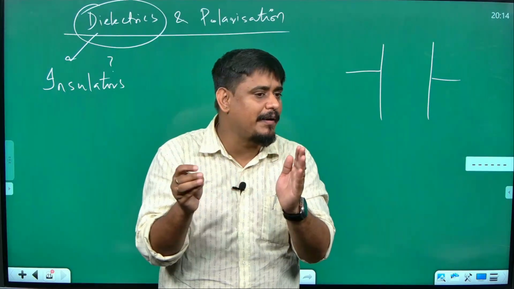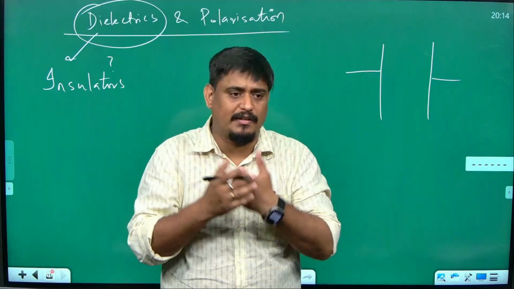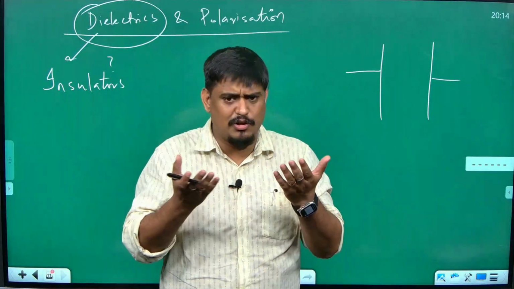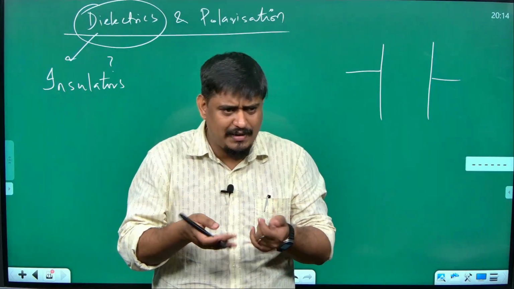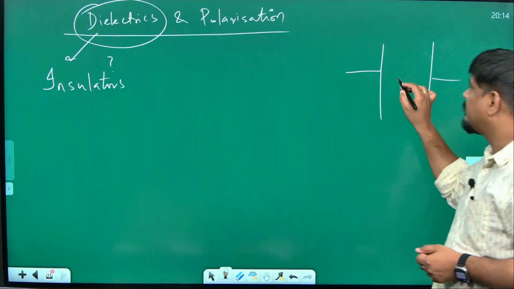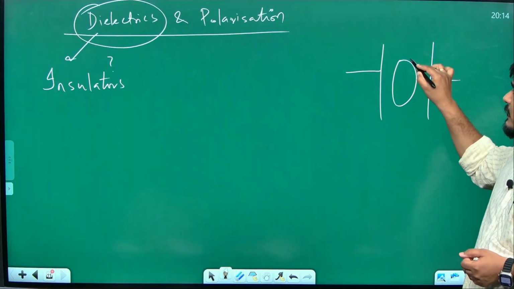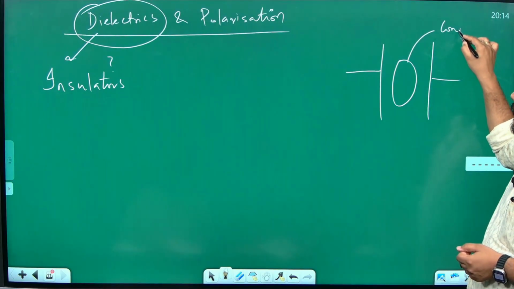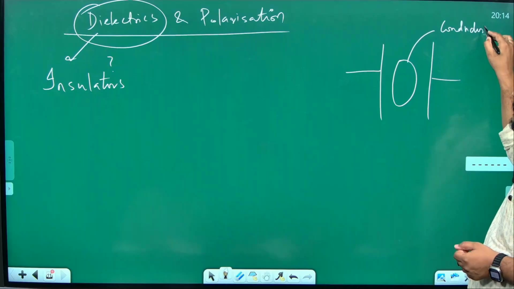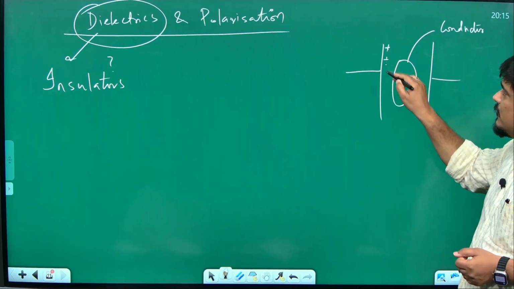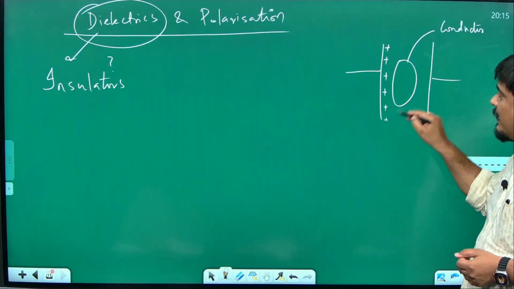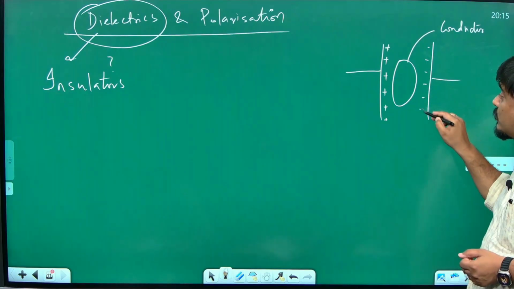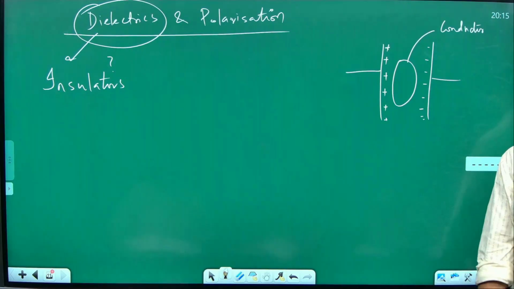Between them, sigma by epsilon naught is the uniform electric field. That is only called a capacitor also. Am I right? So you are going to have a conductor. Let me assume it is a conductor which is placed inside a uniform electric field. I want to study about its behavior.